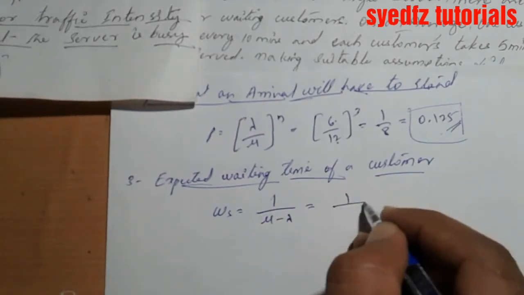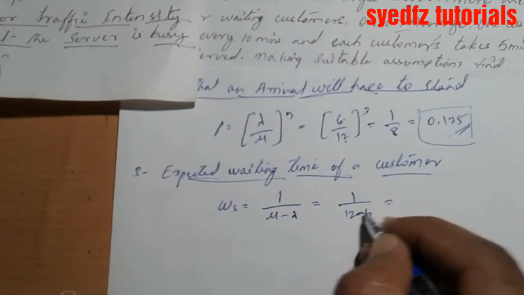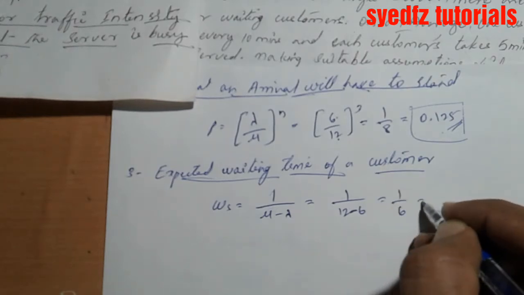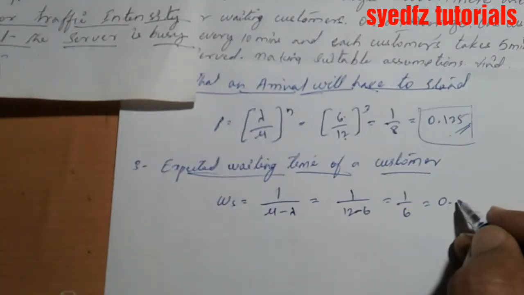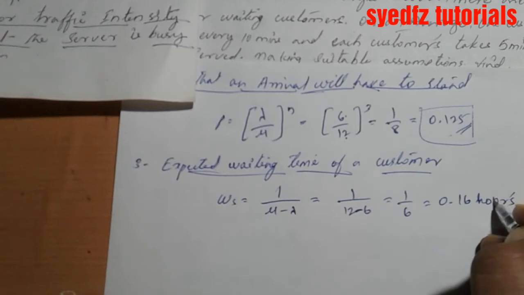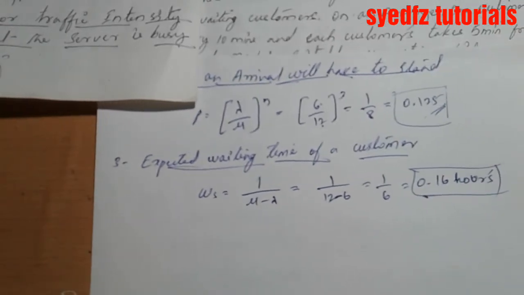1 divided by 12 minus 6 is equal to 1 divided by 6, which is equal to 0.16 hours. This is the average time a customer spends in a system.